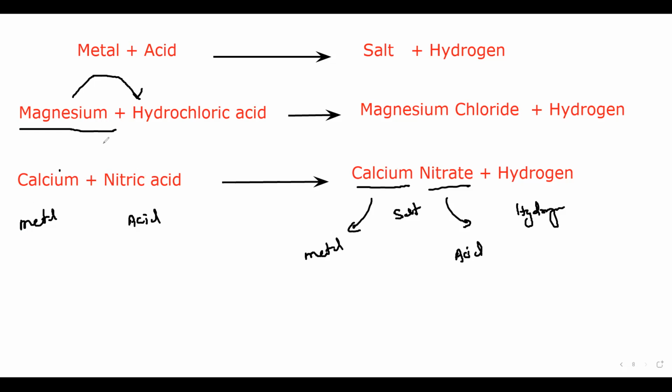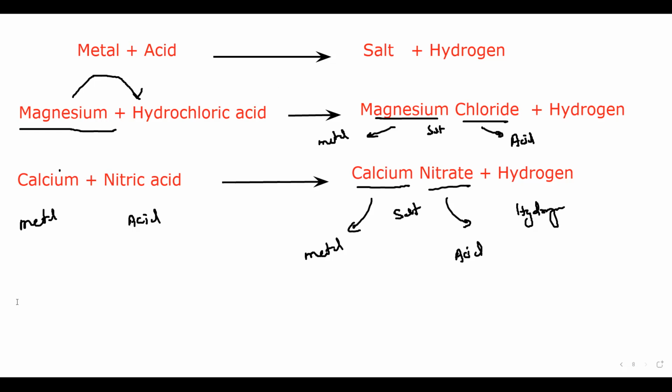Same thing here: magnesium plus hydrochloric acid forms magnesium chloride, because it is a salt whose first name comes from the metal and second name from the acid. If it's hydrochloric acid, the salt will be chloride; if it's nitric acid, the salt will be nitrate.